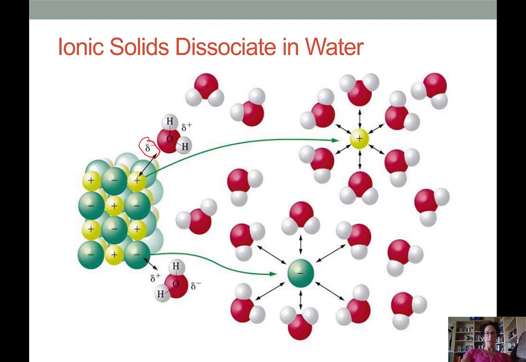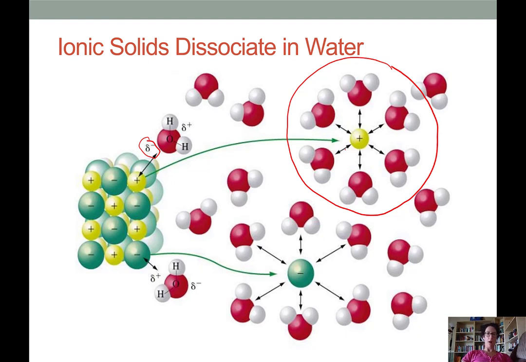However, once that water starts interacting with the cation, the positive ion, it weakens those interactions and more water molecules can come in, so that we end up with the net result of multiple water molecules all pointing their slight negative charged ends towards that cation. And that gives the energy necessary to pull that positively charged ion away from the surface of the ionic solid.